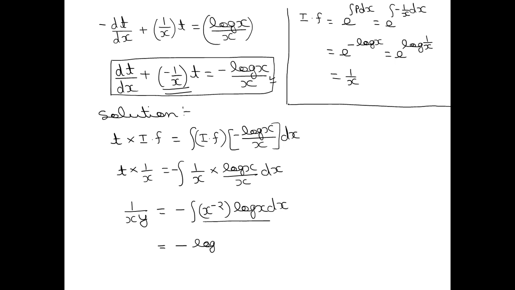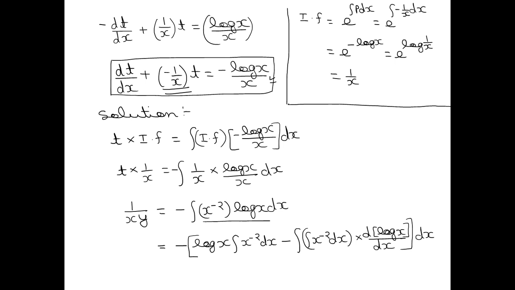So take log x as it is, integral of x raised to the power minus 2 dx, minus the big integration of x raised to the power minus 2 dx multiplied by the differentiation of the term log x, and again dx. The equation looks like this.